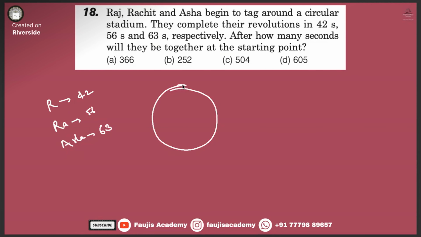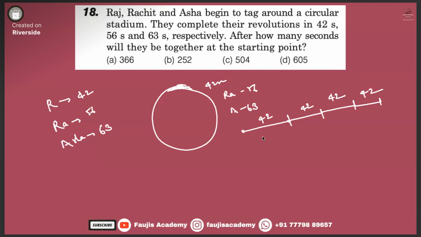Okay. Raj completes this in 42 seconds. Okay. Rachit completes this in 56 seconds and Asha completes this in 63 seconds. Okay. Let us say if this was a straight line rather than a circular line. So Raj is like 42 seconds, one round over, another 42 seconds, another round over, another 42 seconds, another round over, another 42 seconds, another round over.